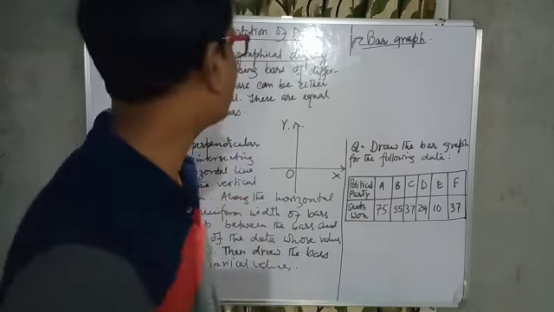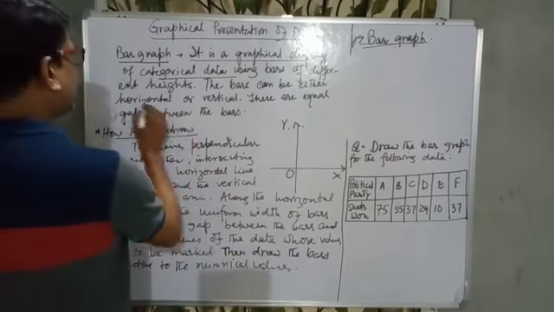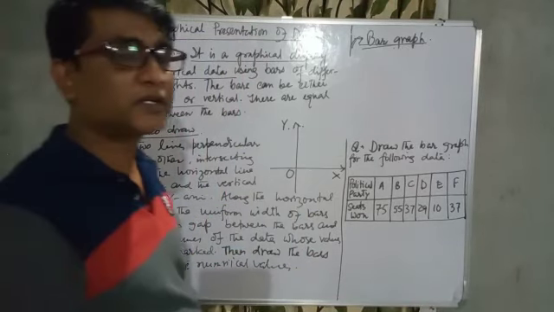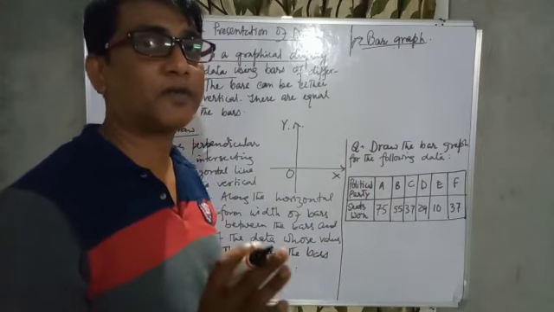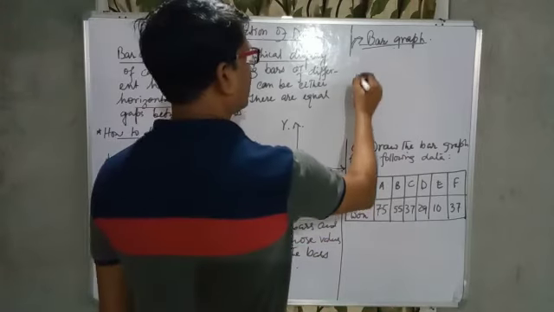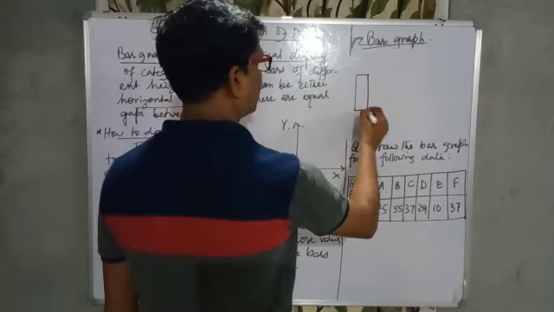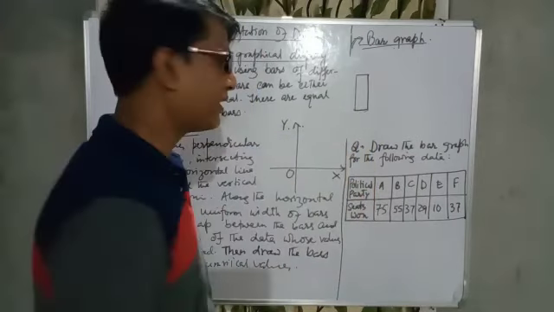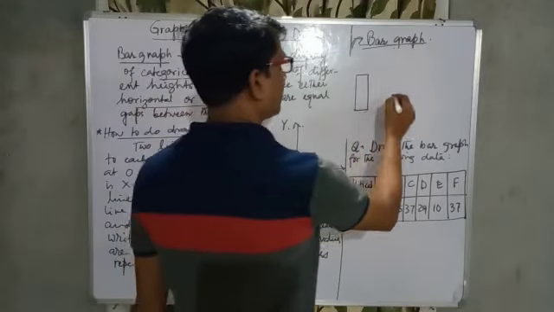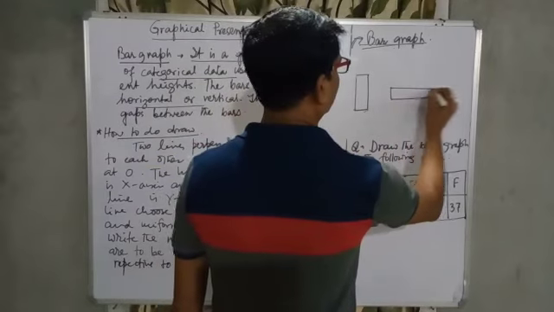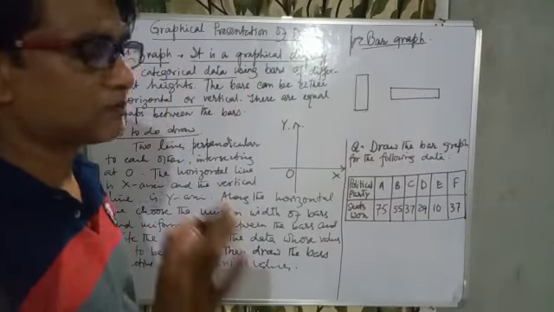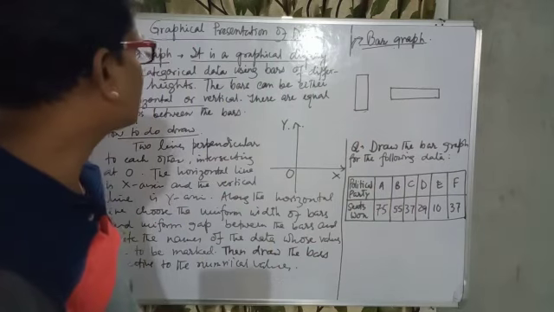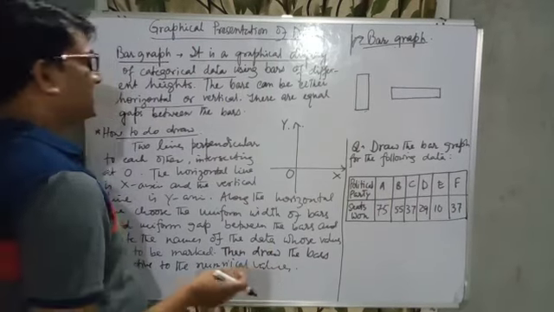But what are the conditions? The bars may be horizontal or vertical. Like this type of strips, we will use bars or rectangular strips, vertical or horizontal, to represent the data.